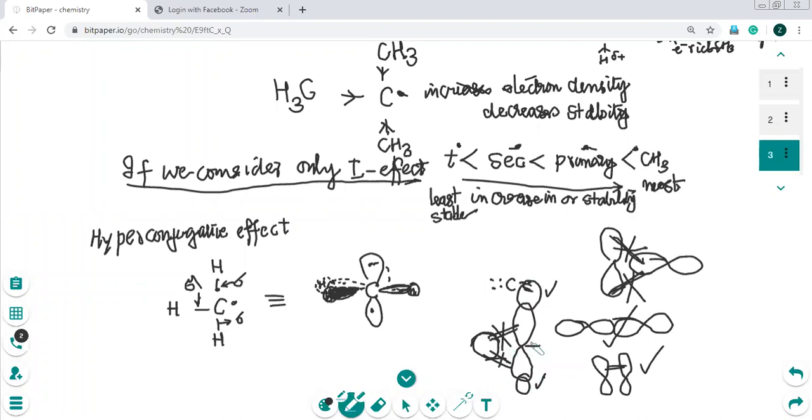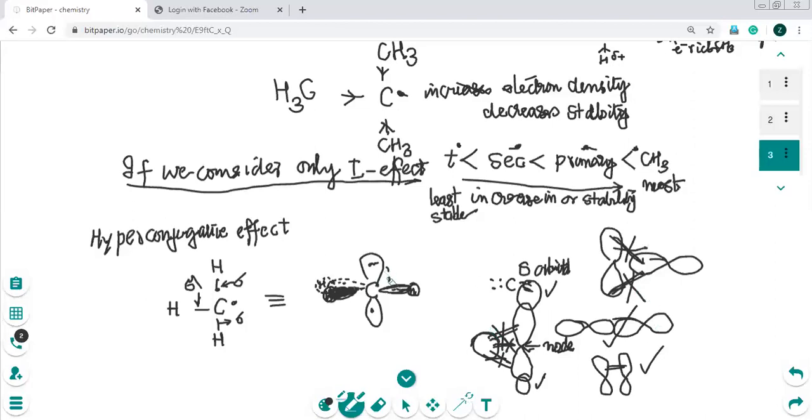This is a node. No electron density here. And therefore, you cannot interact here. Not possible. So draw these figures. This is the s orbital of hydrogen, and this is the p orbital of carbon. So this interaction is allowed, this is not allowed, because there is a node here. So these are the types of interactions.